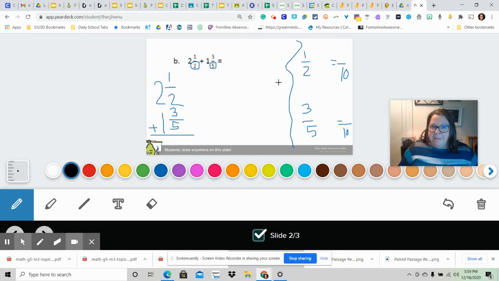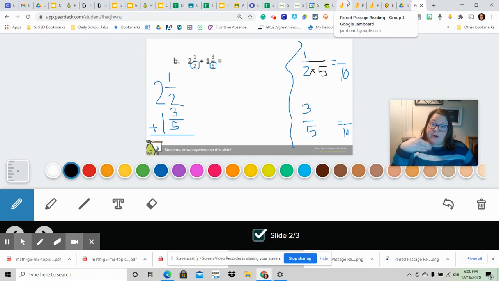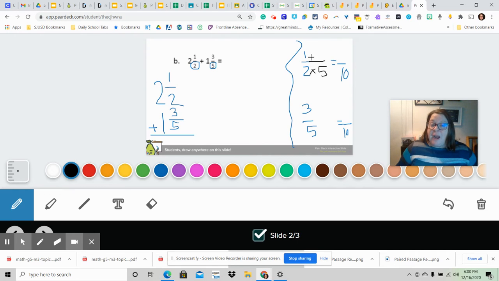What did you have to multiply by? 2 times 5 is 10. So remember, you are multiplying by 1. If your denominator is 5, that means your numerator has to be 5, because 5/5 is equal to 1 whole. And then you have 1 times 5 is 5.